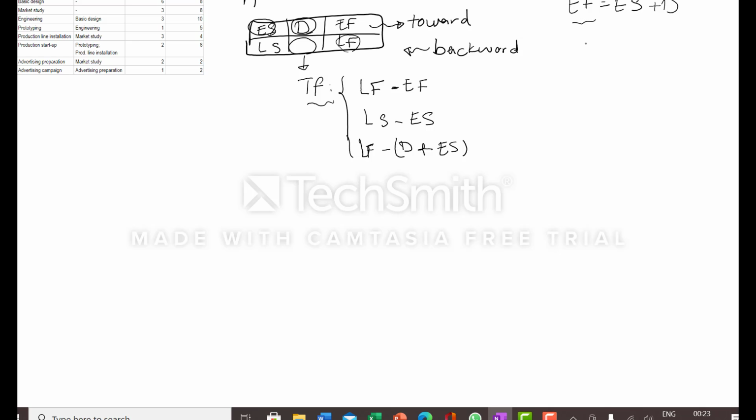And for the latest start, if we subtract the duration from the latest finish, we have the latest start.